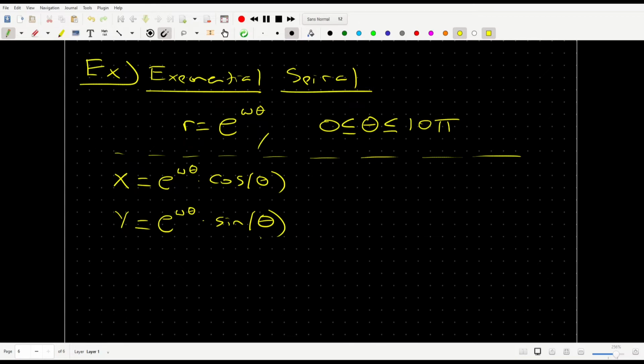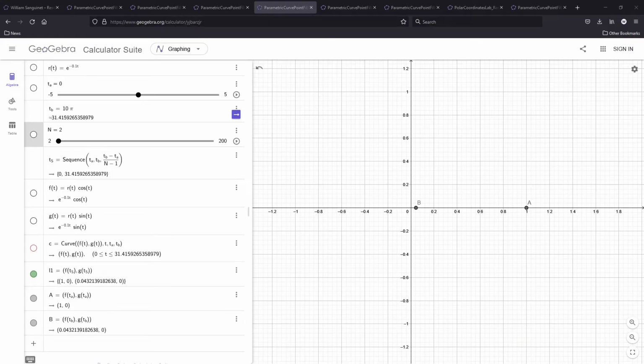And depending on whether omega is positive or negative, we get a spiral growing away from the origin or spiraling inwards towards the origin. You can verify this by plugging in a number of different values of theta. So I encourage you to do this by hand. I'm going to do this for the first couple of values here graphically, so you can see 2 points on this curve, A and B, the endpoints.